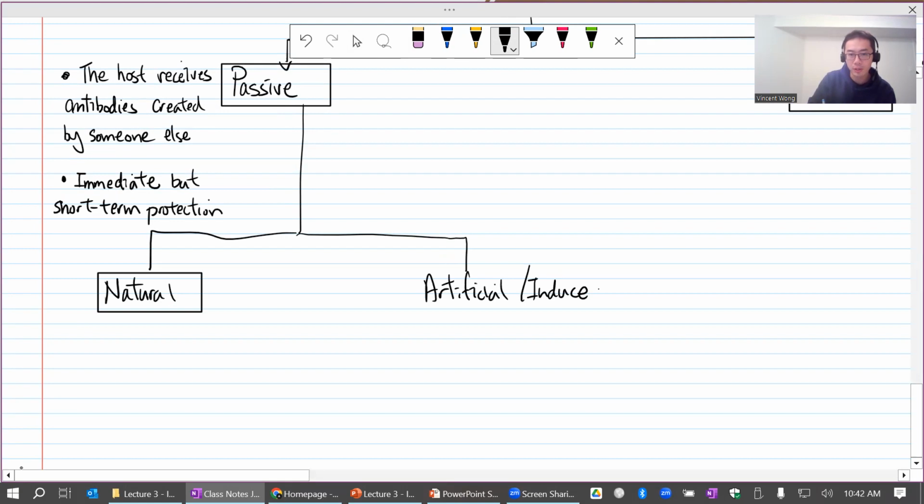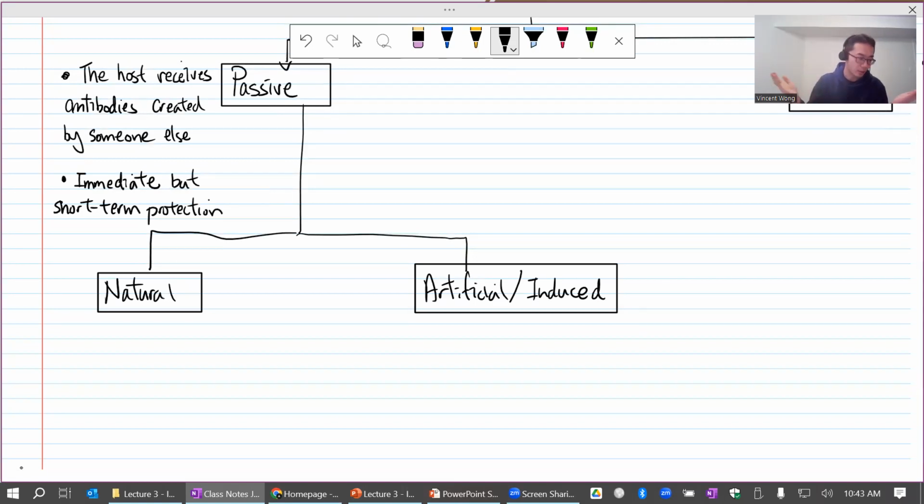Sometimes artificial is called induced because you make it happen. Basically, if you are injecting something, then it's artificial. If it's just happening on its own, then it's natural. So natural passive. What's an example of that?